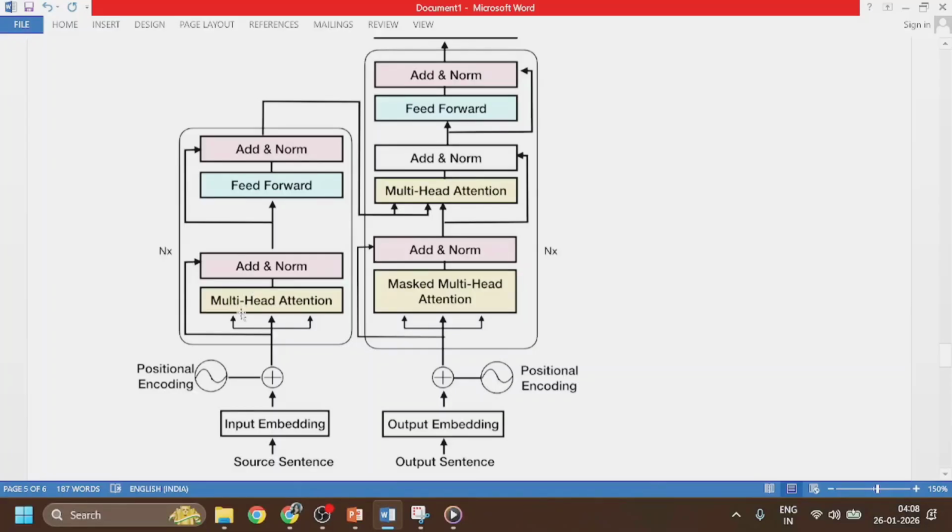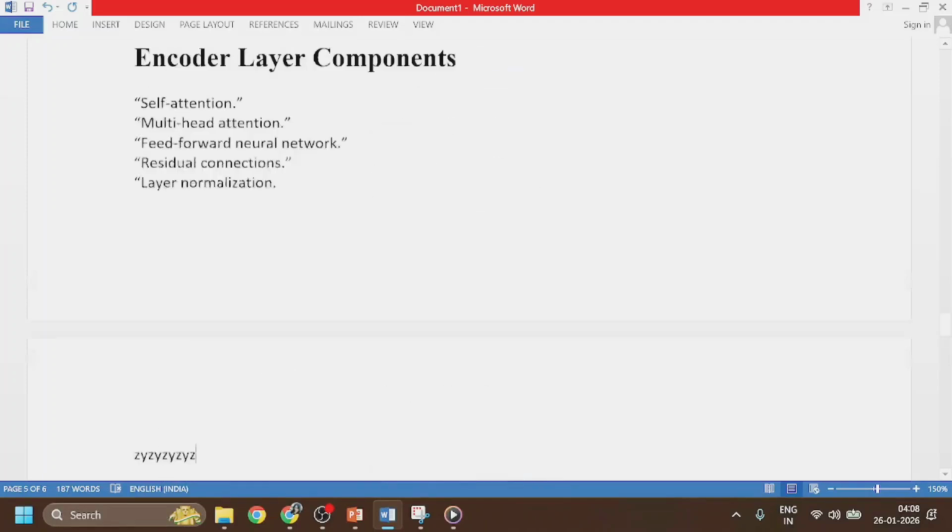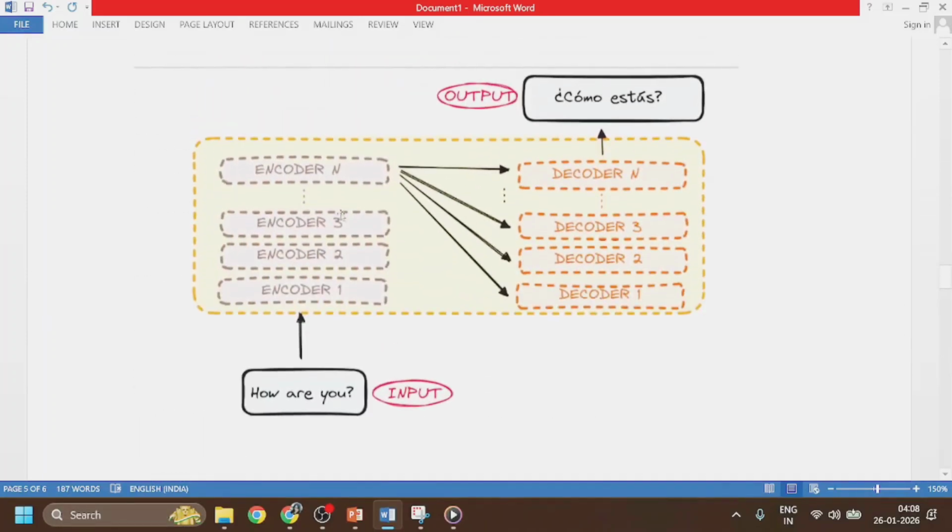This representation is later used by the decoder to generate the output.